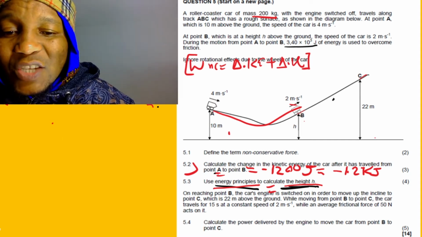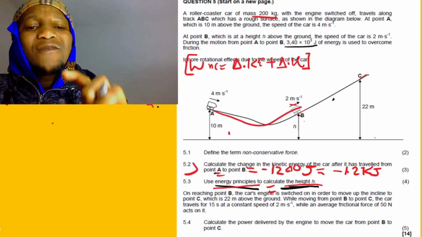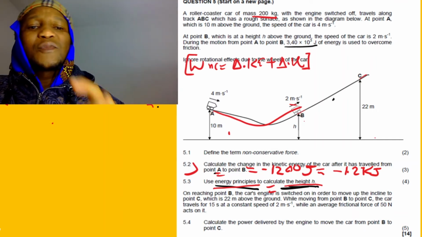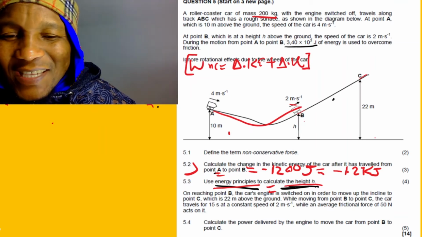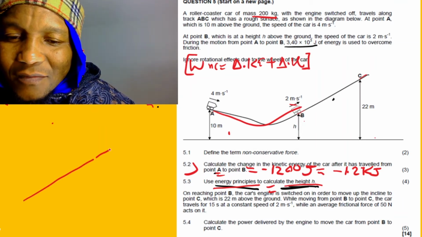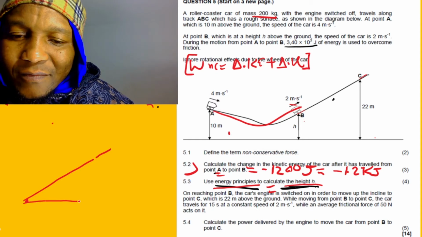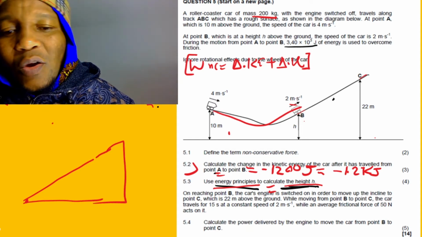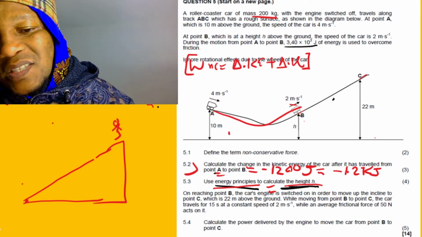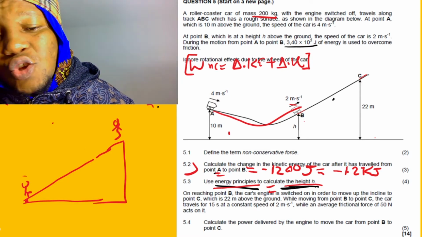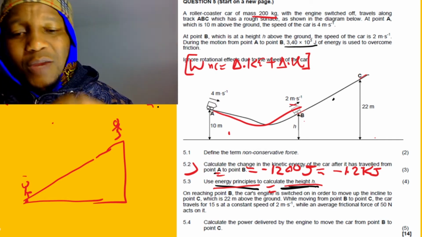Look here: potential energy always involves height. Whenever there's a height, there is potential energy. If you have, let's say, this inclination, there's no height here. Let me talk about you, so you can maybe understand.